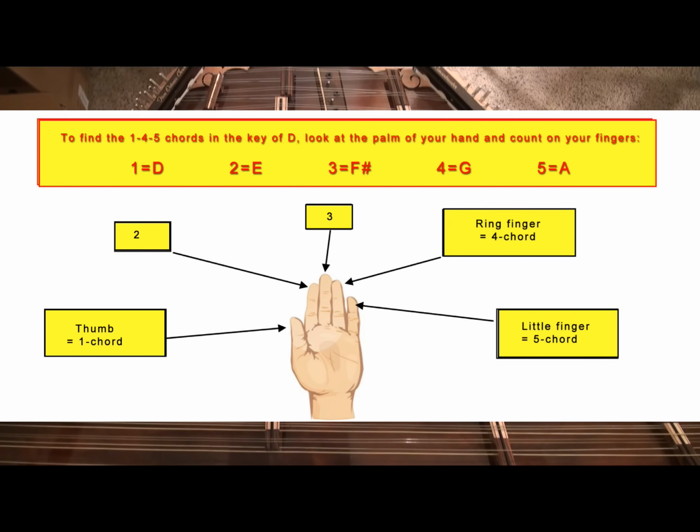There are no sharp or flat chords in the keys of C, D, or G. So when you count to find the 1, 4, and 5 chords in the keys that we're going to be using, you won't land on any sharp or flat chords. So you don't have to worry about whether it's an F sharp or an F, the note on that scale, for purposes of counting and finding the chords in the keys.